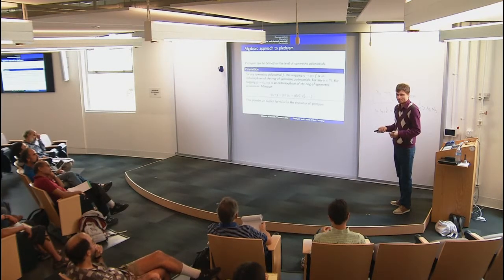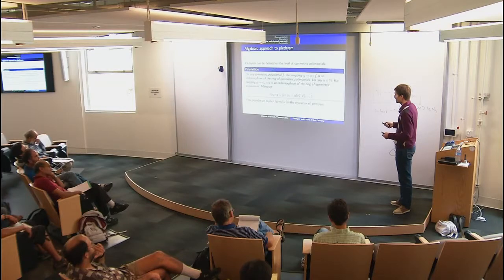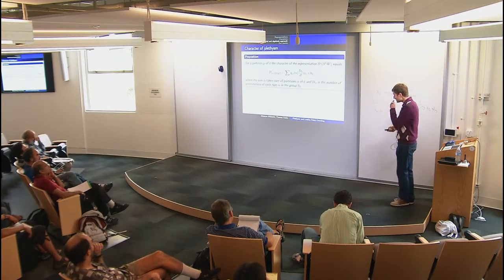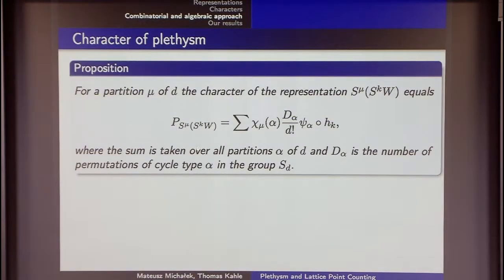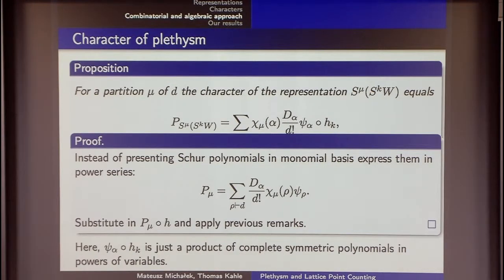So let's do it for Plethysm. I repeat the strategy: express the outer thing in psi's, and then use the fact that this is an endomorphism of the ring of symmetric polynomials. So this is the formula for the character of the Plethysm of any S mu and S k. There are some strange numbers here, and let me explain what these numbers are, using the proof of this at the same time.